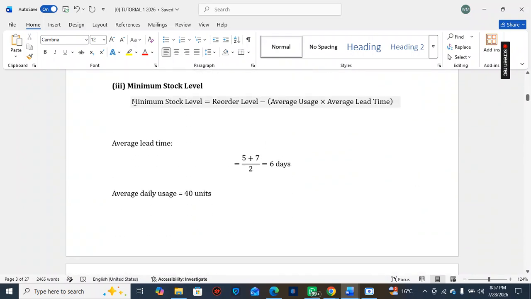So minimum stock level is reorder level minus average daily usage multiplied by average lead time.